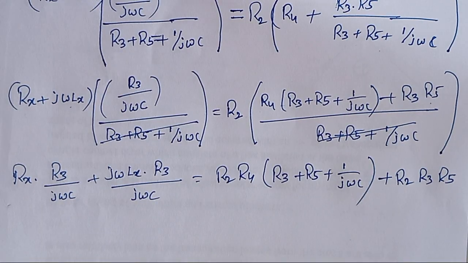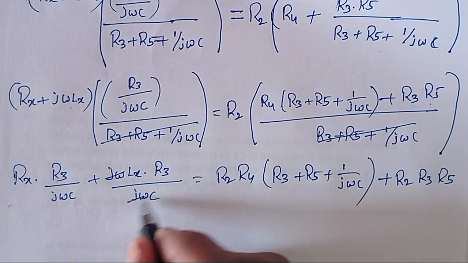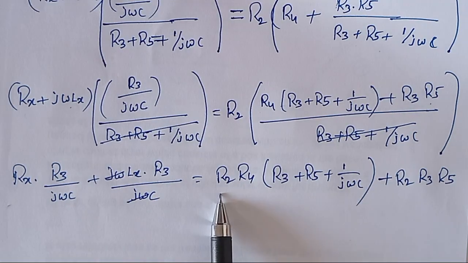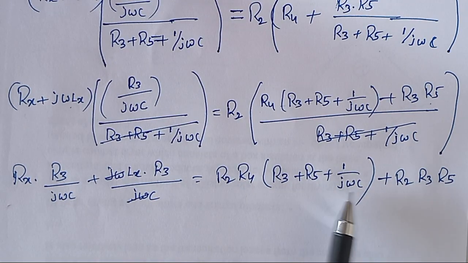Now look at here, j omega will get cancelled. Now I'm multiplying this compound term internally.